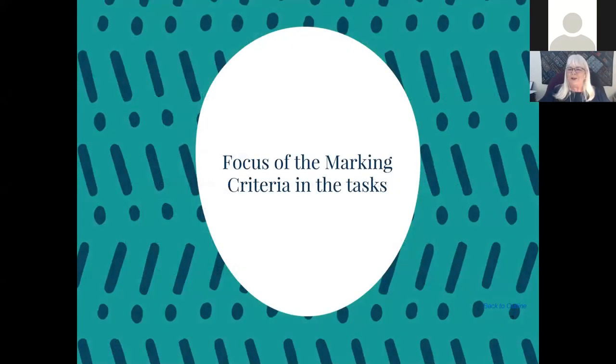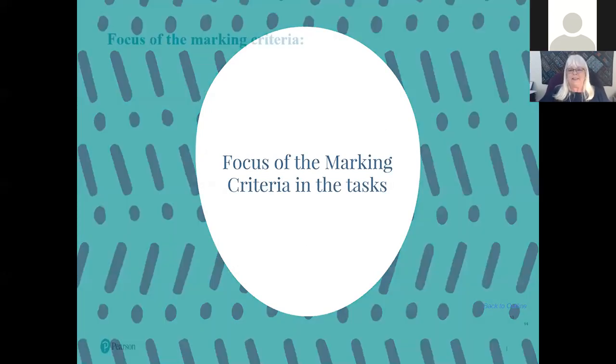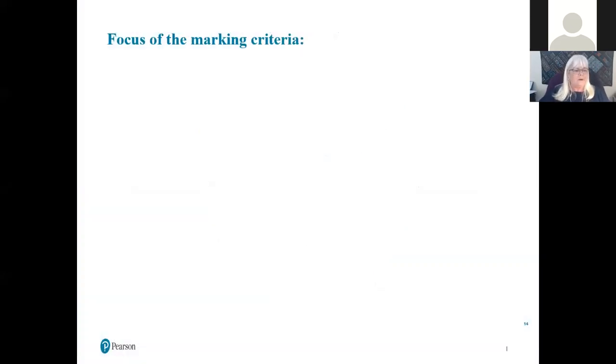Okay, so moving on to the meat, if you like, of the presentation today, and we're going to look at the focus of the marking criteria in the tasks. I'm going to clarify for you the difference between the task that the test taker is being asked to perform and what the examiner is actually listening for.